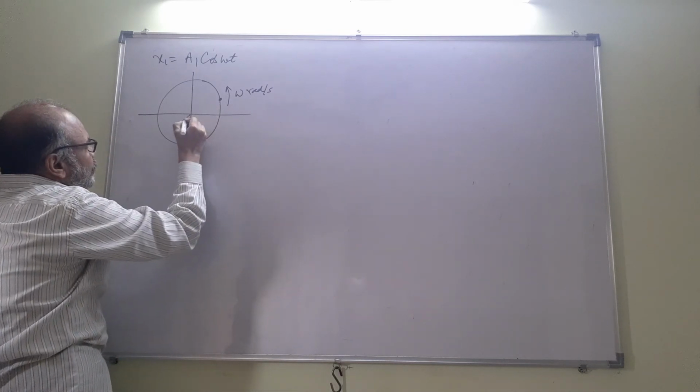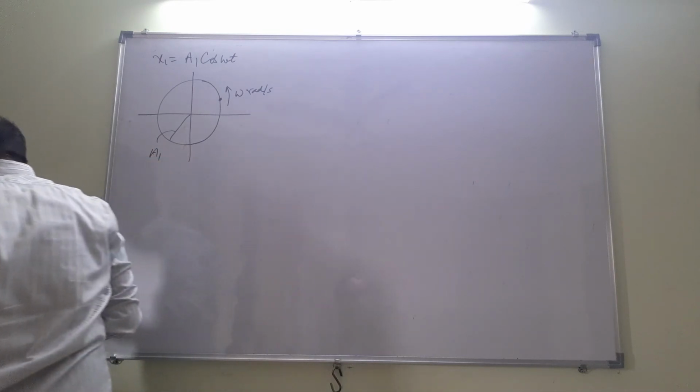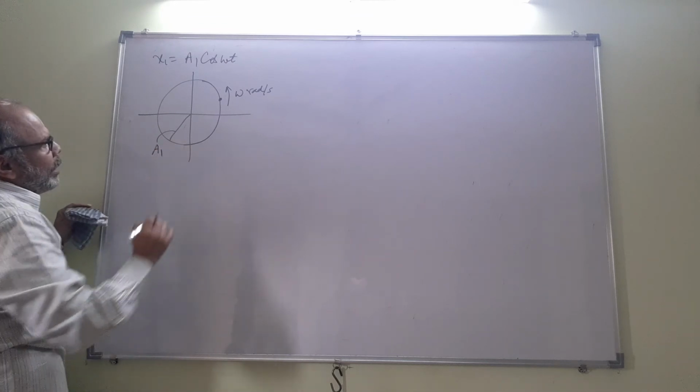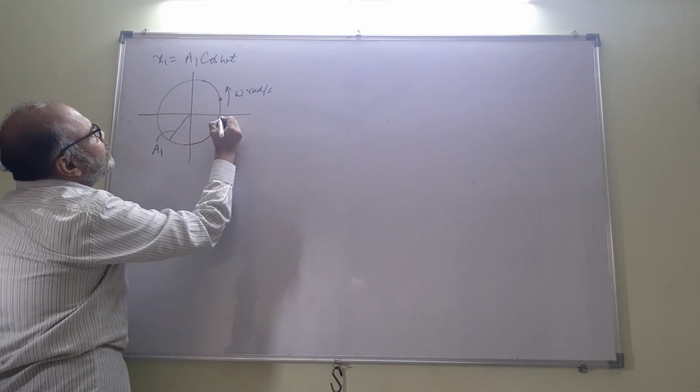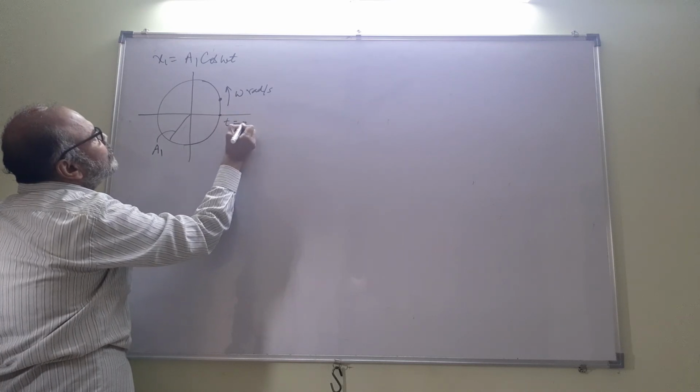The radius of this is a1, as I said. And let us say the particle is here on the x-axis at t equal to 0.